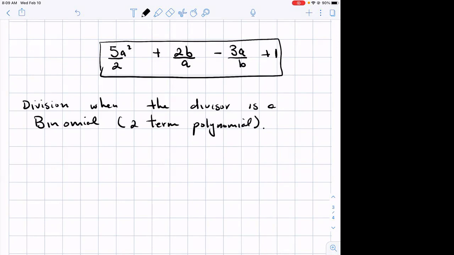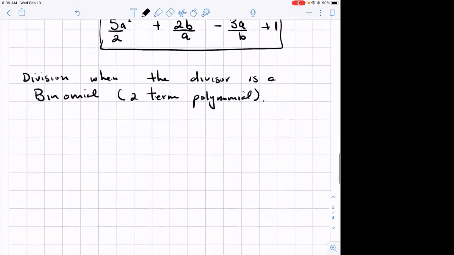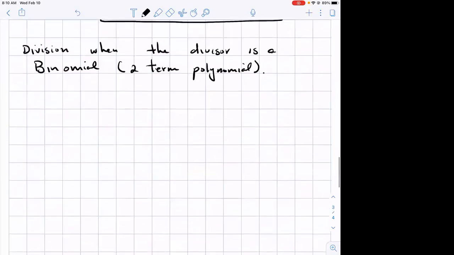So in general, we say that anytime it's a binomial or trinomial or any polynomial that's not a monomial, we have to perform long division. Well, that is true, but sometimes we can divide by factoring, and it works out that way. And I'll do the example both ways to show you that the quotient, which is known as the answer, will also work if you perform long division.